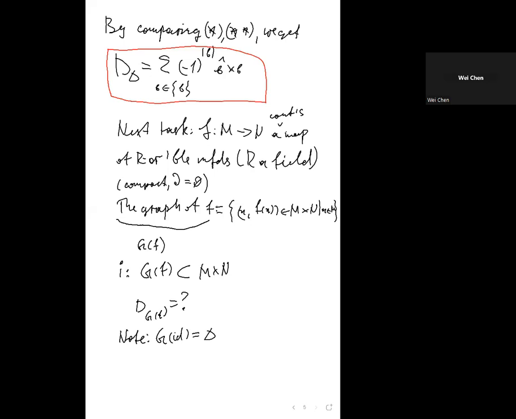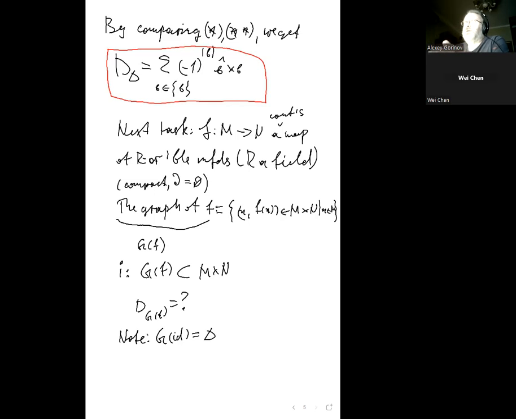Okay, so we want to calculate the homology class of the graph of the map, and the idea is after we calculate the homology class of the graph, assuming the source manifold and the target manifold are the same, we can take the cup product of the two classes with the diagonal, and if it so happens that the cup product is non-zero, then the diagonal must intersect the graph.